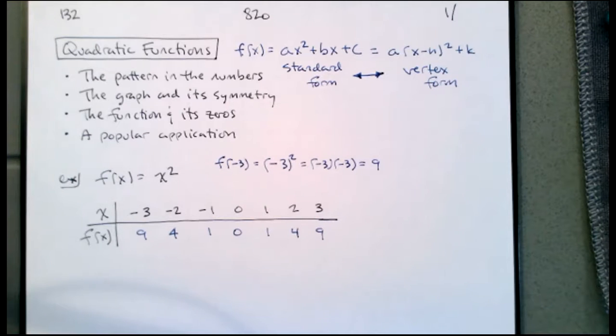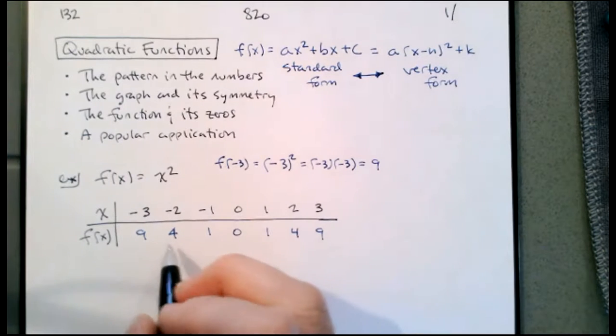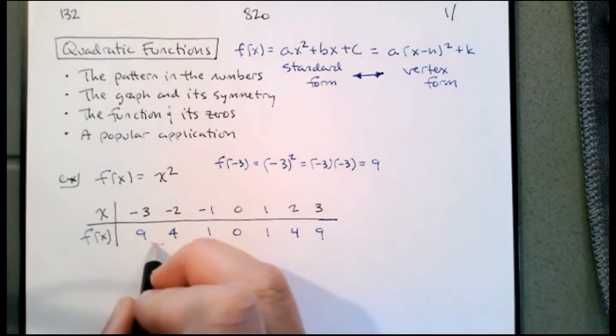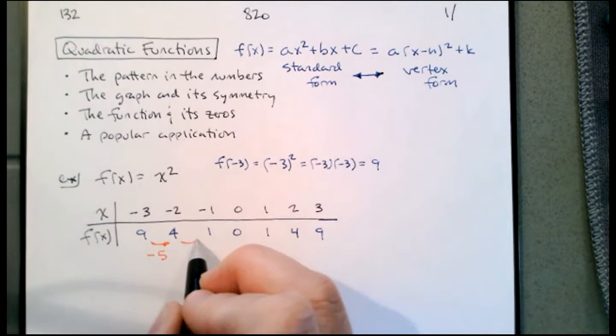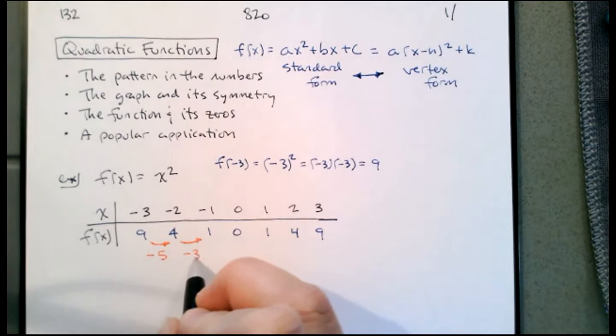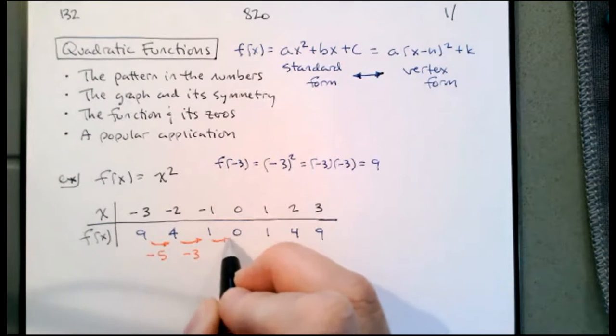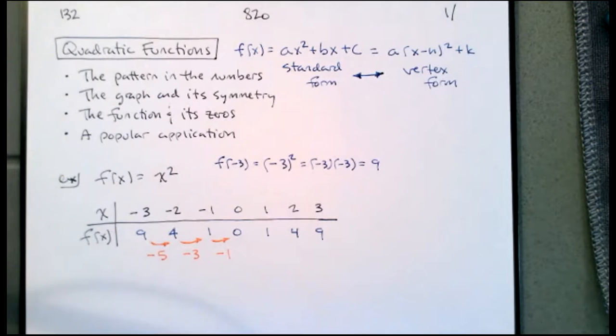So if we start to look at the patterns, notice that from 9 to 4, we have a decrease of 5. And then from 4 to 1, we have a decrease of 3. And then from 1 to 0, we have a decrease of 1.